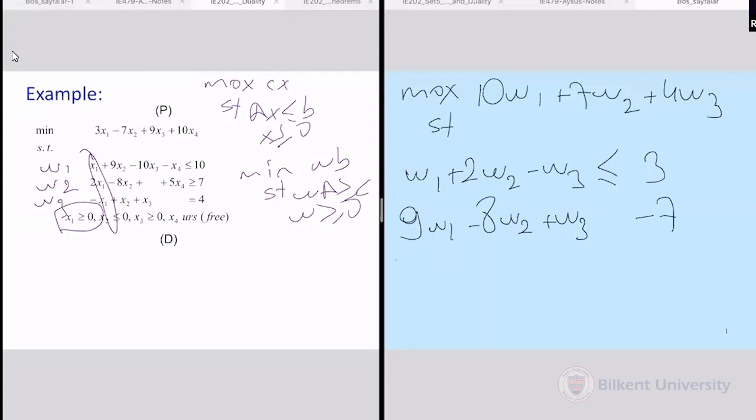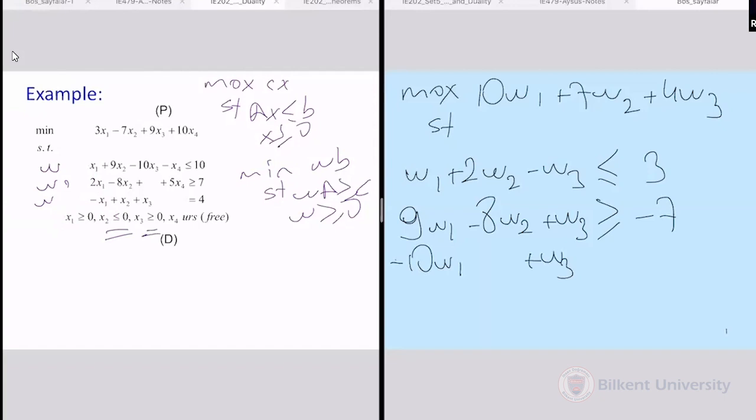And as you see, X2 is non-negative in here. Okay? So the constraint will be in the reverse format. All right? Third constraint, minus 10W1 plus W3, corresponds to X3, which is in the correct form.